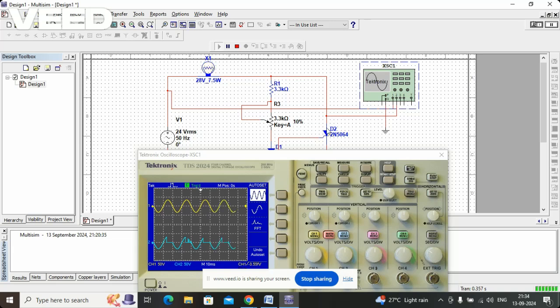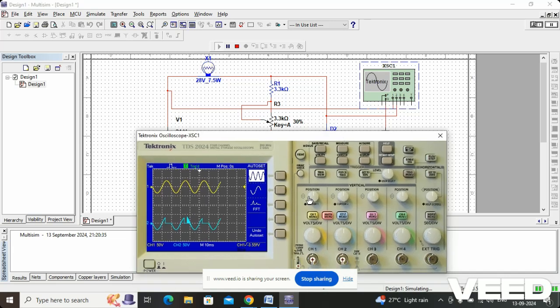So this particular SCR is used for phase control. This is a circuit for phase control of SCR, and this particular AC load, that is 28 volt 7.5, is changing with the help of this SCR.